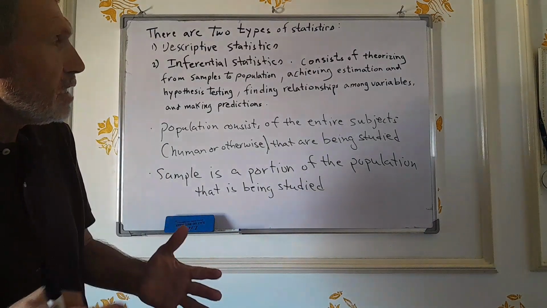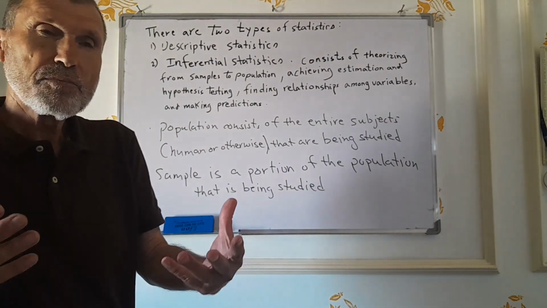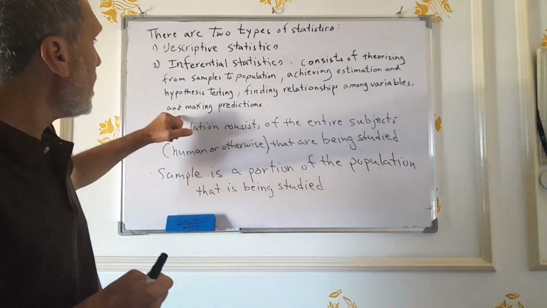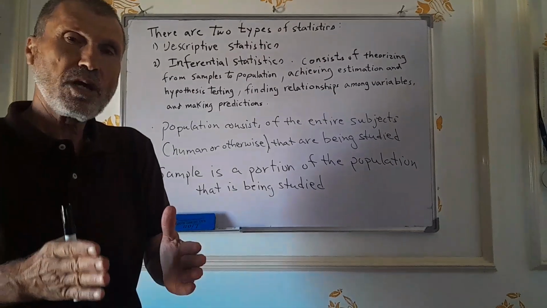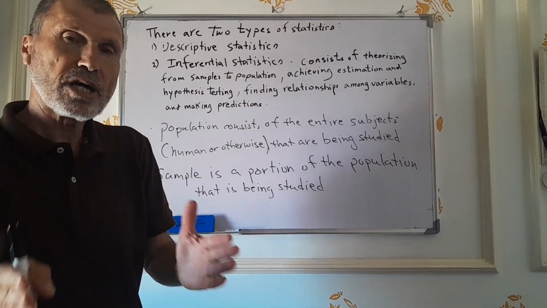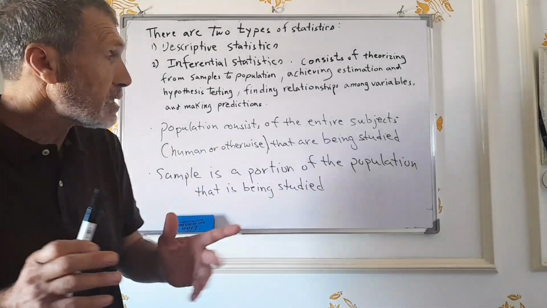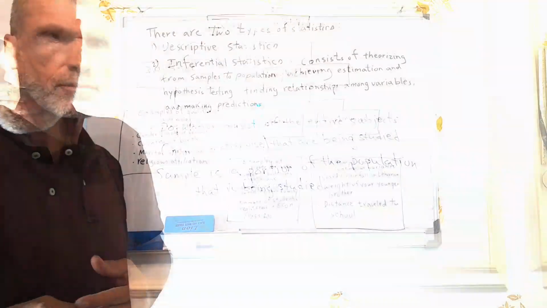Of course, these are relationships among variables that are based on statistics. And making predictions: once the past information and the present information are studied, then the statistician is able to make a prediction based on the information.